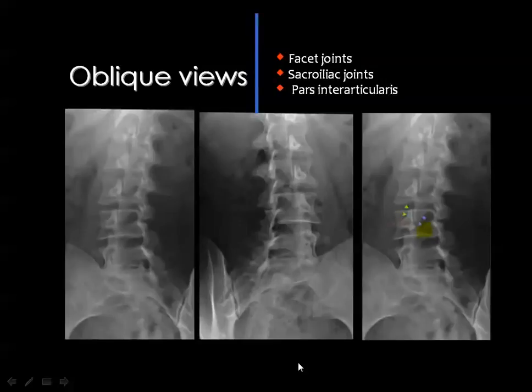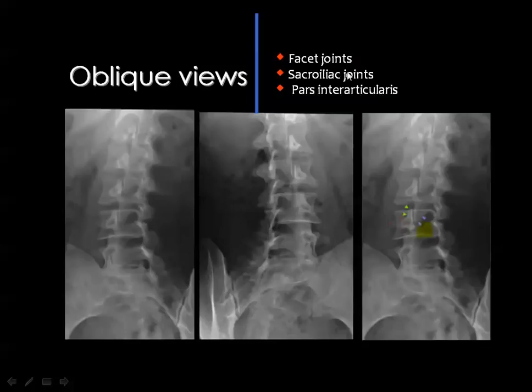In the lumbar spine, we may have the oblique views, and the oblique views are usually directed for evaluation of the facet joints. These are the facet joints, which are the articulations between the inferior articular facet of the vertebra above and the superior articular facet of the vertebra below.